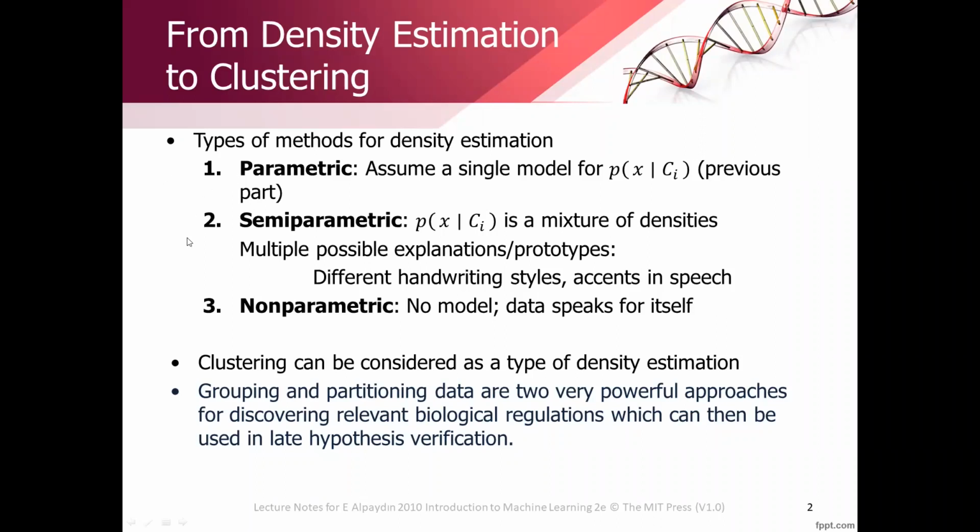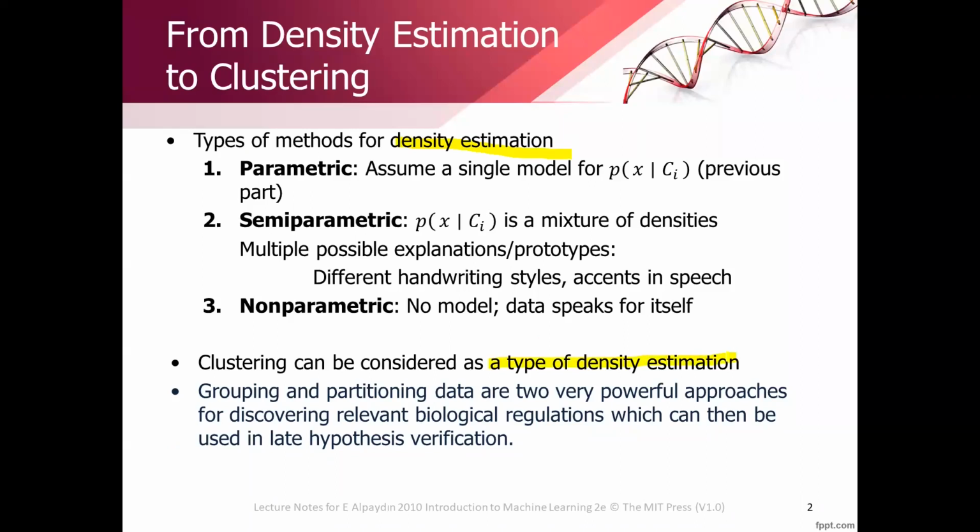What we have in the part of density estimation? We have parametric, semi-parametric, and non-parametric methods. And clustering can also be considered a type of density estimation. So the goal of clustering is to find where the groups of the data are.